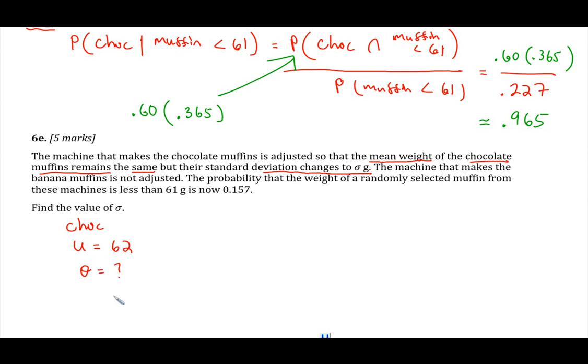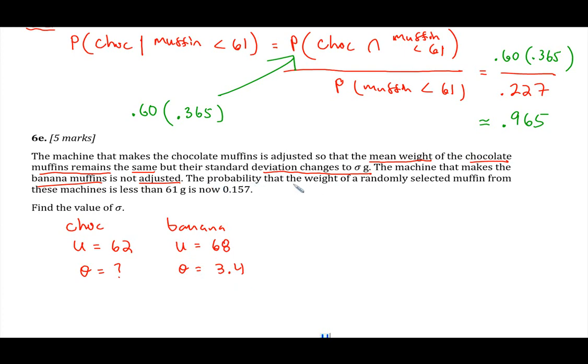The machine that makes the banana muffins is not adjusted, so for bananas, the mean stays 68 and the standard deviation is 3.4.